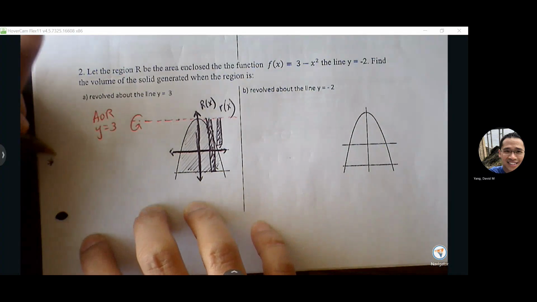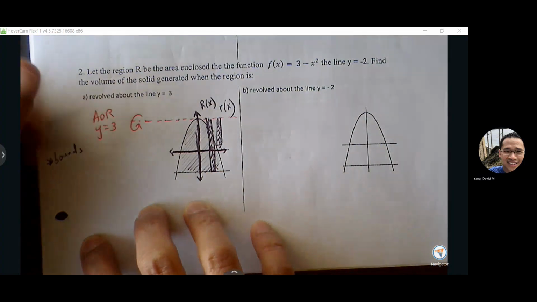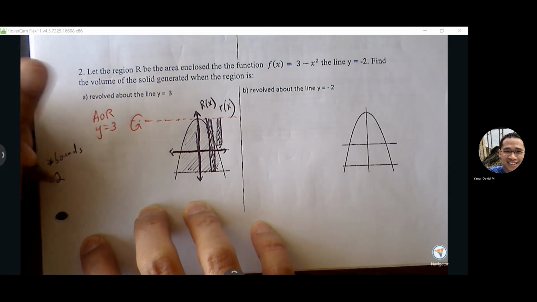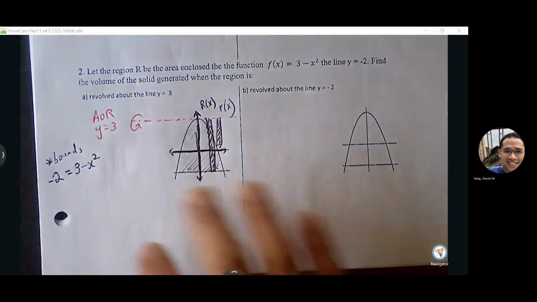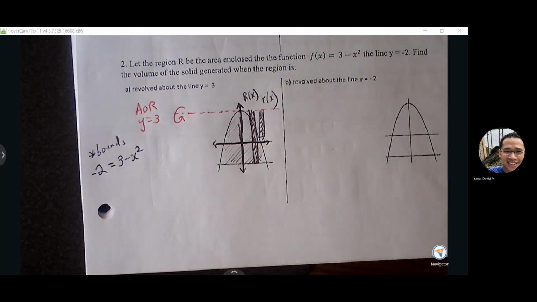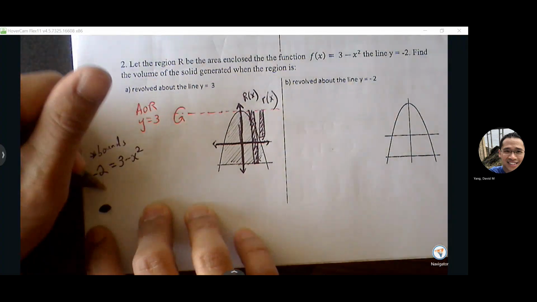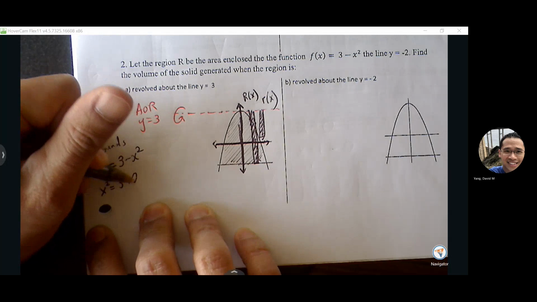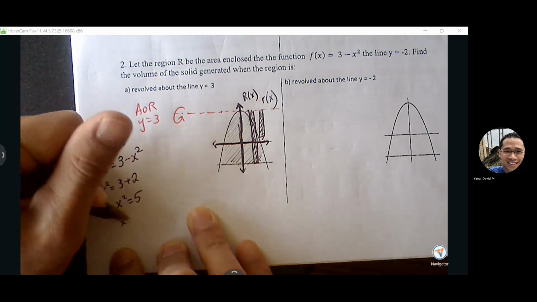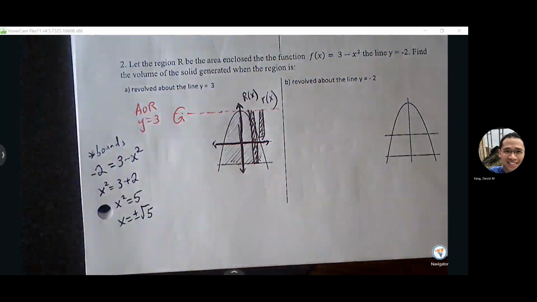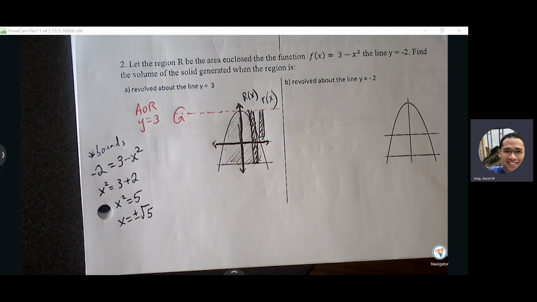So set the parabola equal to the line. So we have our bounds from -√5 to +√5.